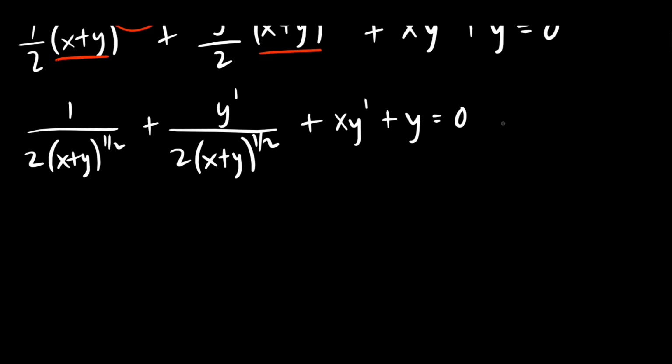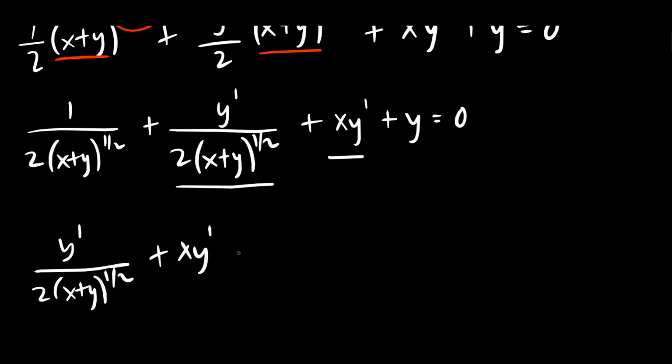After this one, these terms are containing y prime, so we will isolate them. So we have y prime all over 2 x plus y, just copy, plus x y prime.